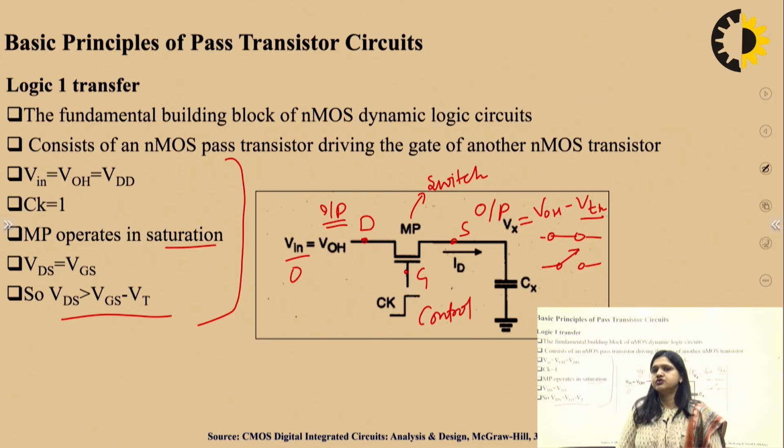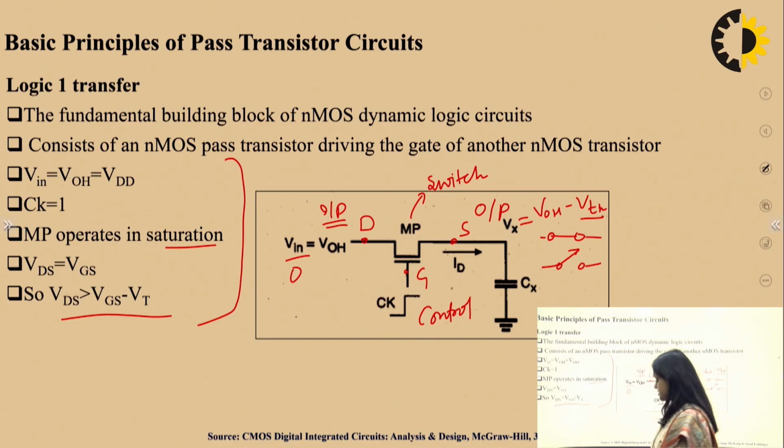We can use this pass transistor very smartly to implement dynamic logic circuits, because a very small drop of threshold voltage can still be considered as logic high. So, by compromising on the output voltage swing, we can use this pass transistor in dynamic logic design to implement any Boolean expression.